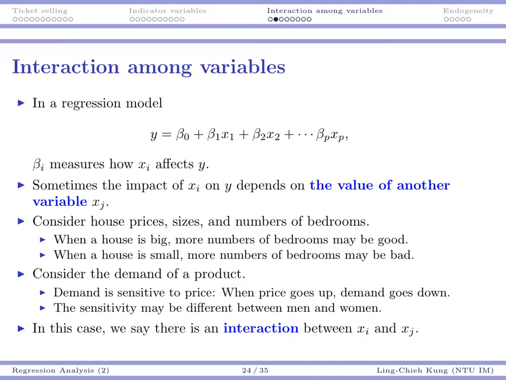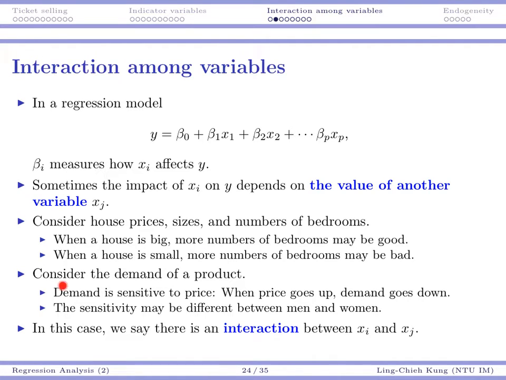But when our house is very small, then if the number of bedrooms is a lot, that's bad. So when we have a small house, maybe one bedroom is better than a second bedroom, and then two bedrooms and three bedrooms. But if our house is big, then one bedroom is worse than two bedrooms, which is worse than three bedrooms. So that's possible.